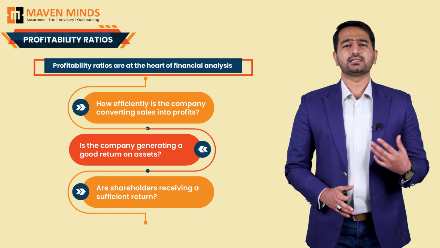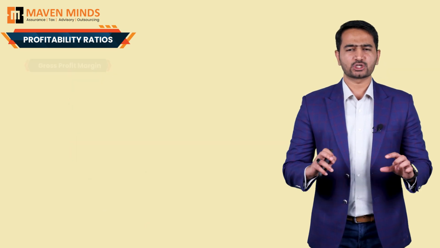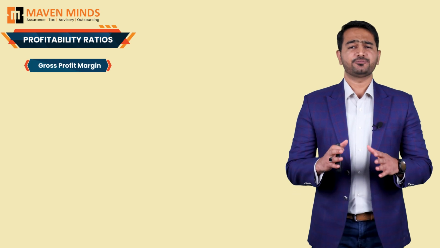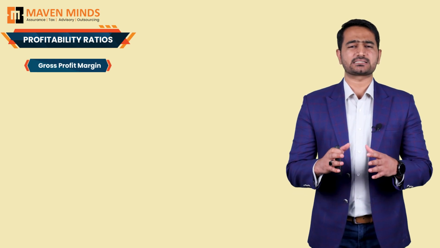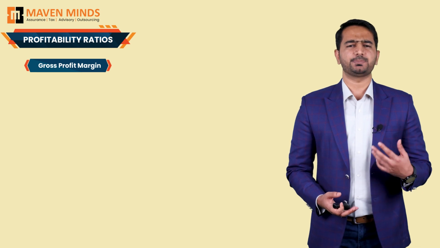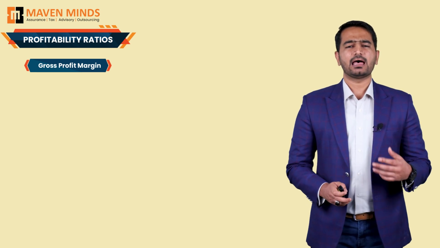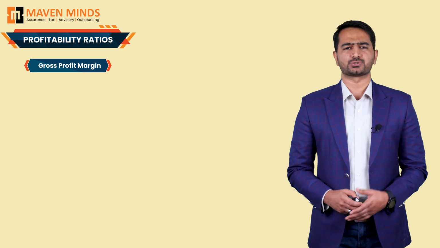Alright, now let's begin with the first profitability ratio, that is gross profit margin. The first ratio that we are going to discuss today is the gross profit margin, in short GP margin. This is one of the most straightforward and commonly used profitability ratios.